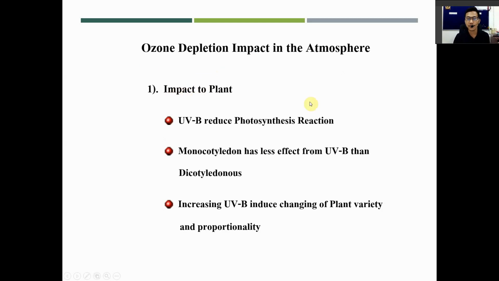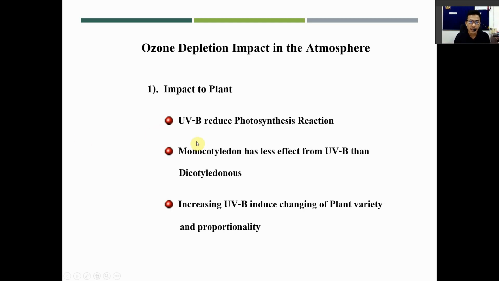First of all, for plants, it's been reported that UVB can reduce the photosynthesis reaction. If something has a real impact on plants, which are a big community where we get food, fibers, and everything from, then it causes other animals, including human beings like us, big trouble.